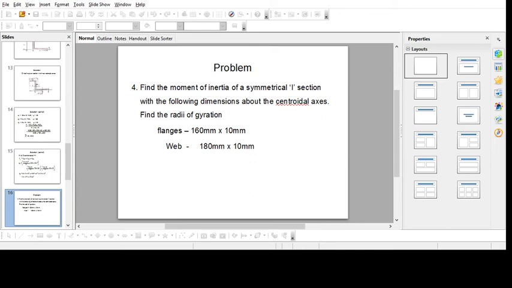And for the y term, this particular rectangle is at a distance from the base. The distance is 10 plus 180, nothing but 190, so the space between the x axis and this top flange is 190. So 10 by 2 plus 190, nothing but 195.